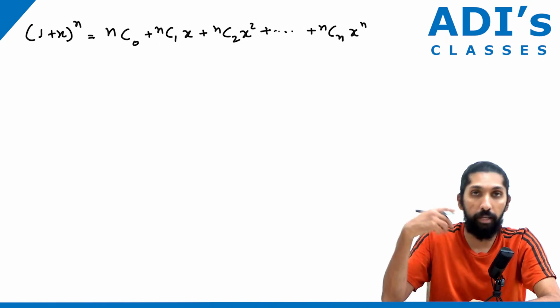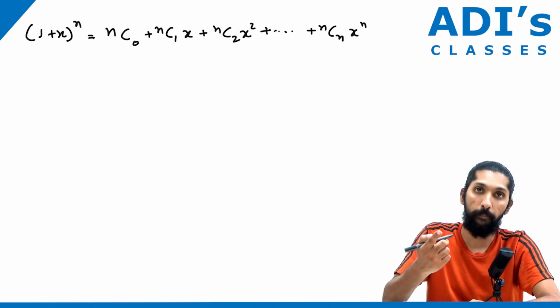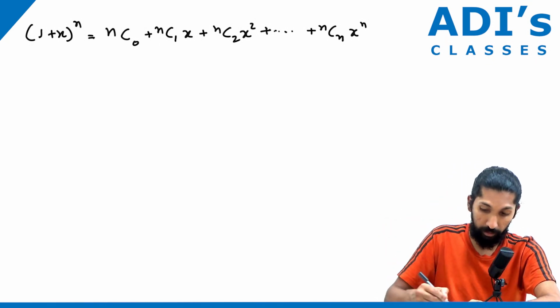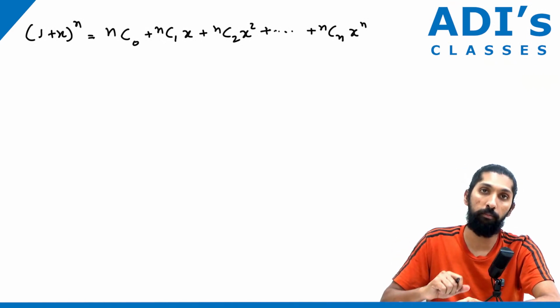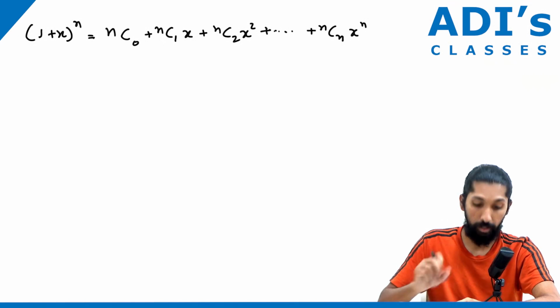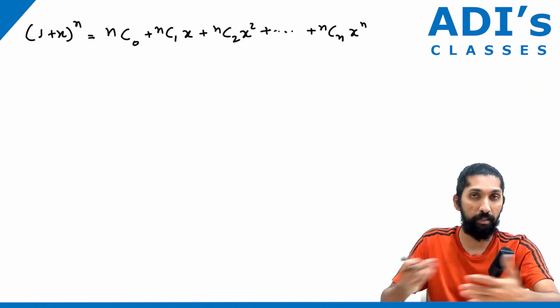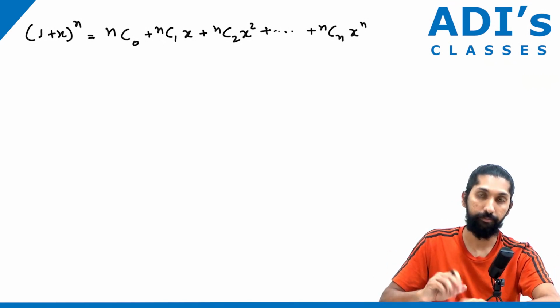Because what is 1 power any number? Always 1. Now this particular expansion is very helpful in solving problems. Very helpful. So this is one of the easier methods of doing this.